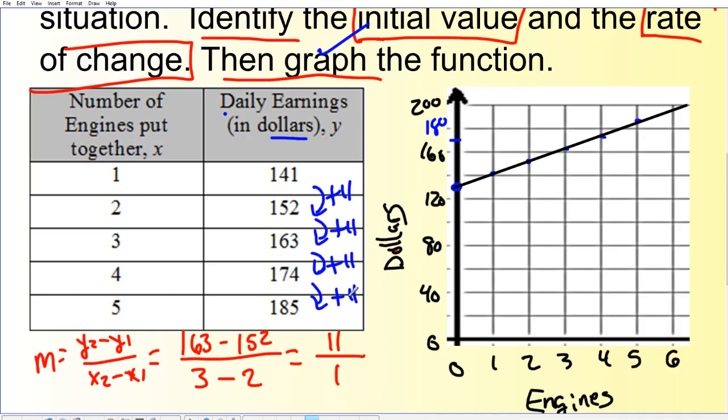You could work backwards and say, okay, if he puts together 0 engines, how much money does he make? Well, if you work backwards, minus 11, minus 11. Well, from here, if you minus $11, it gets you 130. So at 0 engines, he makes 130 bucks. That's another way to find that same y-intercept, just a slightly different method.